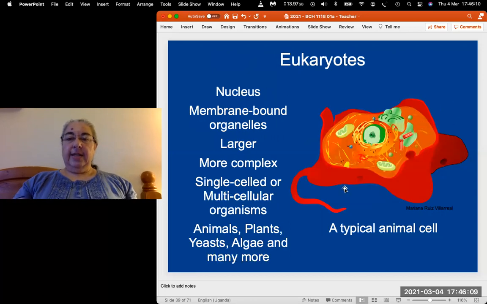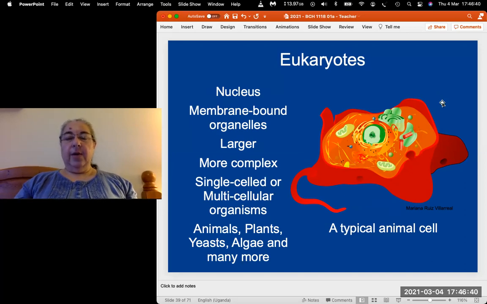So again, a generalized picture of a eukaryote, a typical animal cell. Here we do see a nucleus with a membrane around it, a nuclear membrane. And going with that, other organelles with membranes around them. So here are mitochondria, here is endoplasmic reticulum, here is the Golgi apparatus.